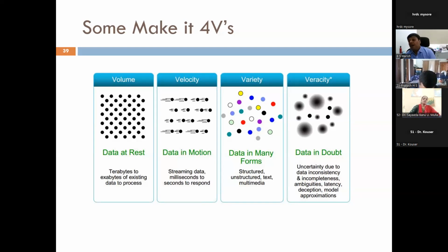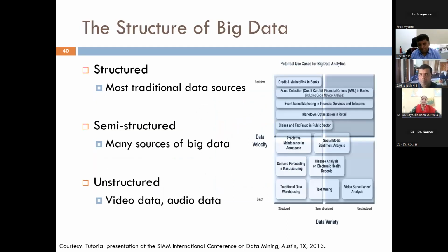But it is a very hard task to handle data which comes with veracity, because you need to come up with a mechanism responsible for handling the existing incompleteness or inconsistency by analyzing the data. Hence these four V's, volume, velocity, variety, and veracity, make big data more complex, right?